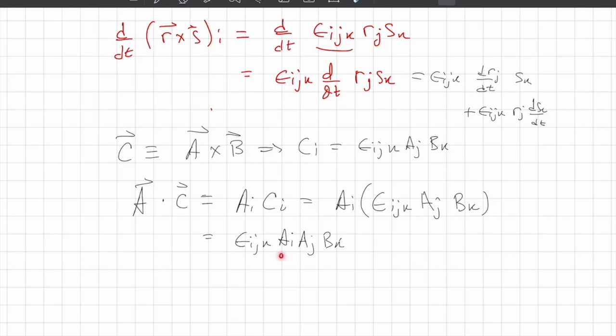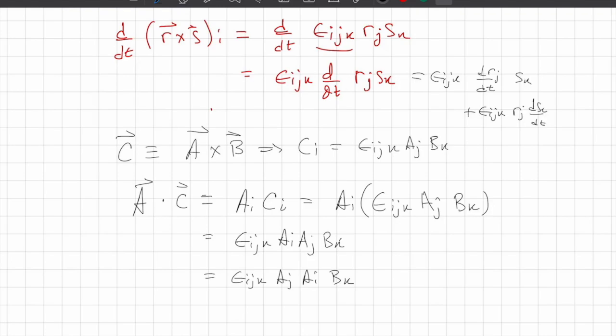Are you free to swap A_i and A_j's order? Well, you should stick with what you just said. They're just numbers. Right. So then I could write this as epsilon ijk A_j A_i B_k.